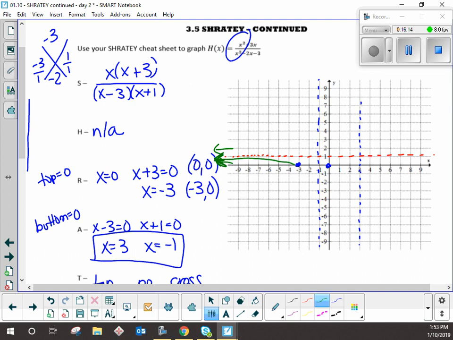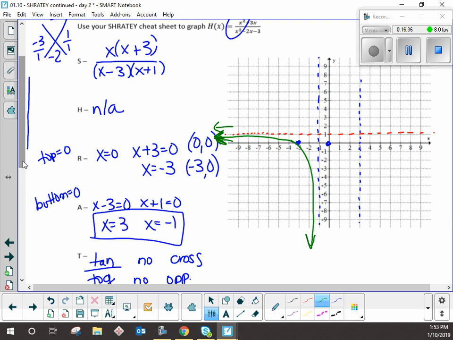So I can fill in that piece. And then as I go along to the right, as x is approaching this asymptote, the graph has got to get closer and closer and closer to it without ever reaching it, and that's just going to look like this. Okay. So I have that left part filled in.